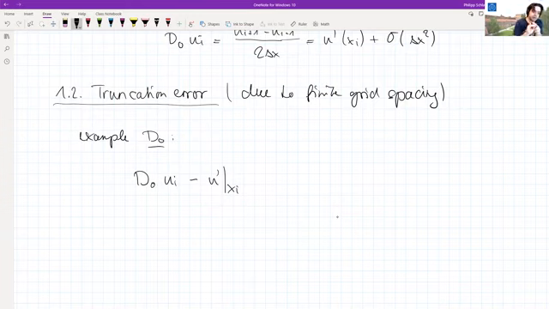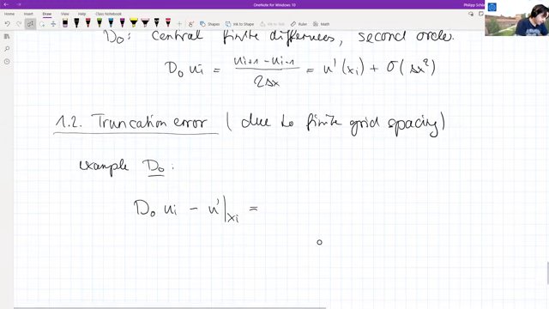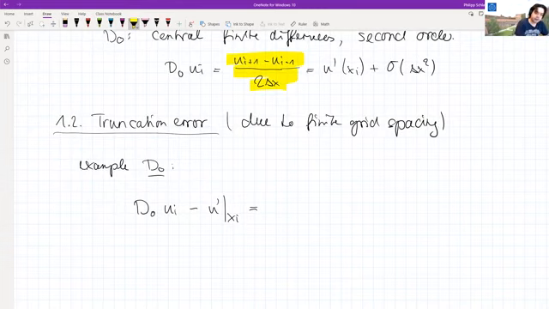That is what we would define as our truncation error. Okay, so how would we calculate this now? Well, again we just use Taylor expansion as we have done before. If we have here the definition of our D0 operator, we just put Taylor expansions into ui plus 1 and ui minus 1, and then we subtract the exact derivative.